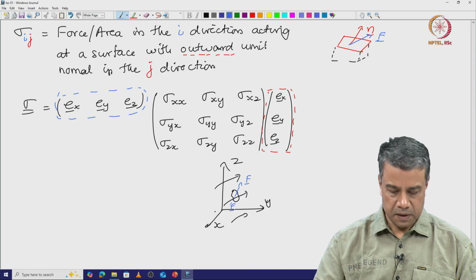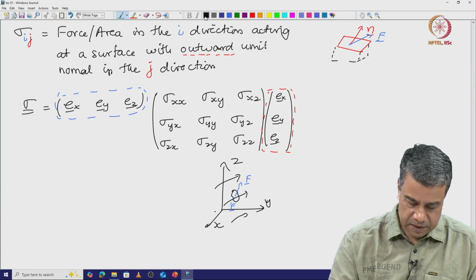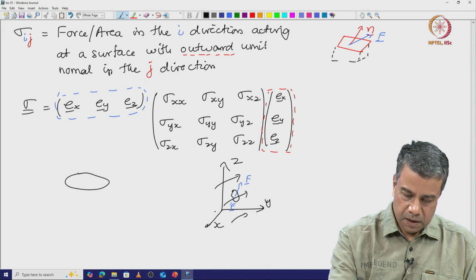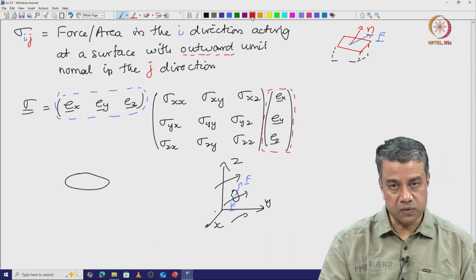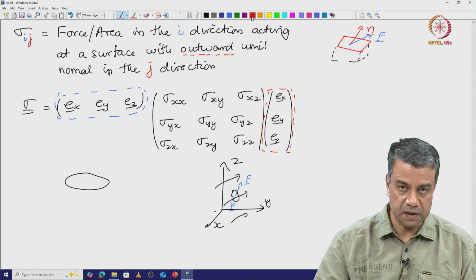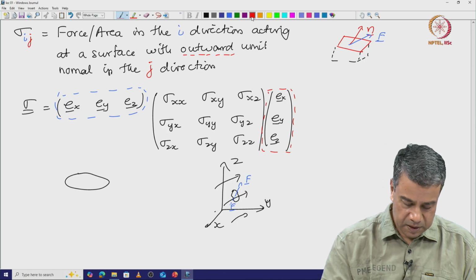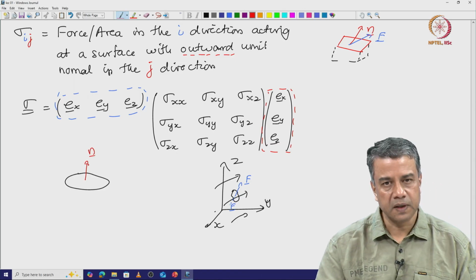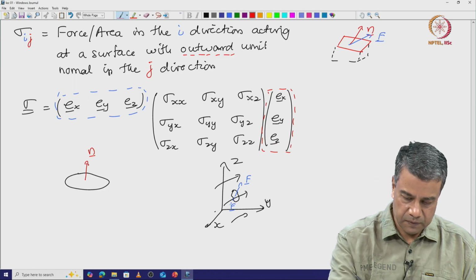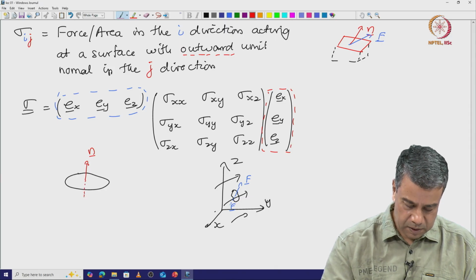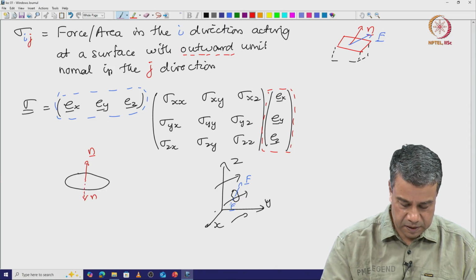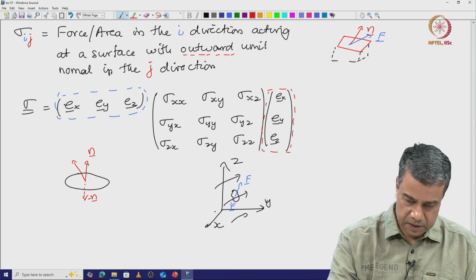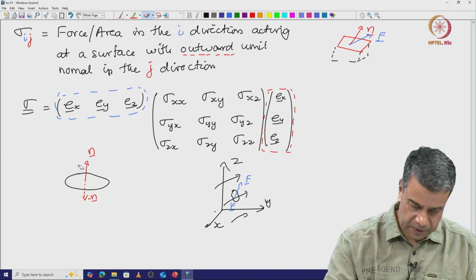If I look at the surface itself, I will just draw the surface here for simplicity. This surface separates two volumes, one above the surface, the other below the surface. The unit normal to the volume below the surface is upwards, and the unit normal to the volume above the surface is in the downward direction, and the forces have to be in opposite directions.